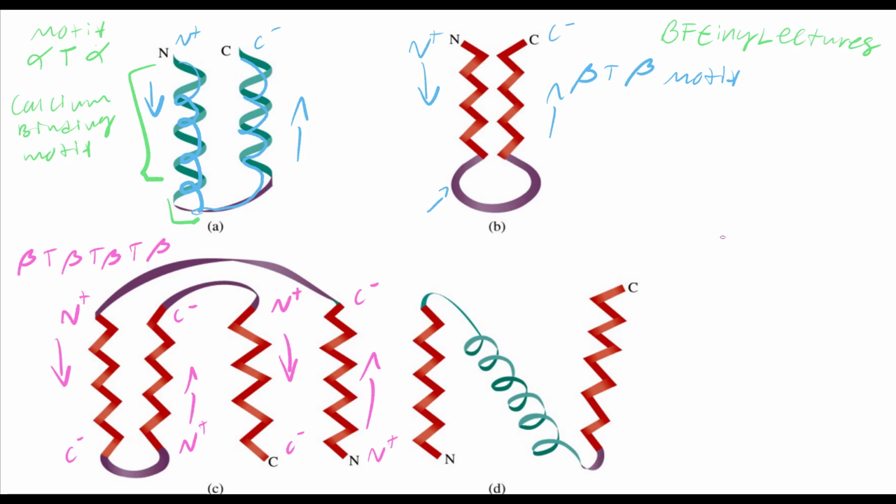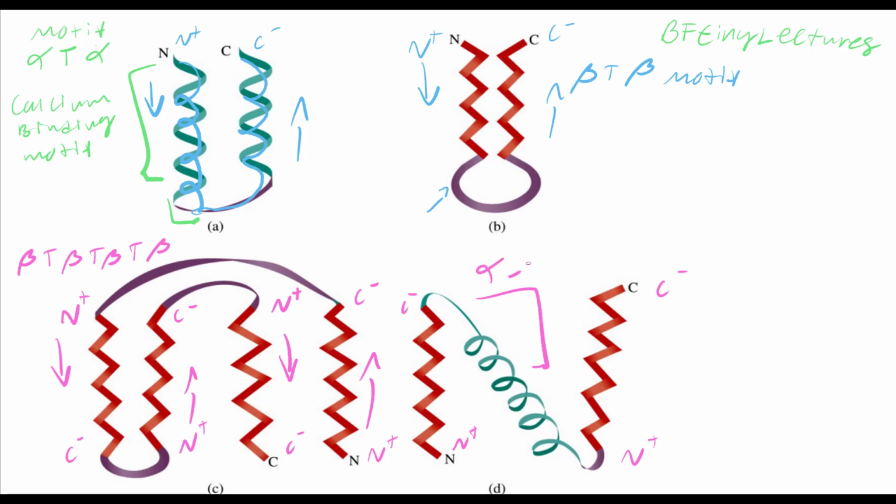Right there. And finally, we have this guy, okay? So we have N positive and C negative. Then we go to N positive, C negative. So we know that this is going to be a parallel structure, and that's that. Also, this right here would have to be an alpha helix.